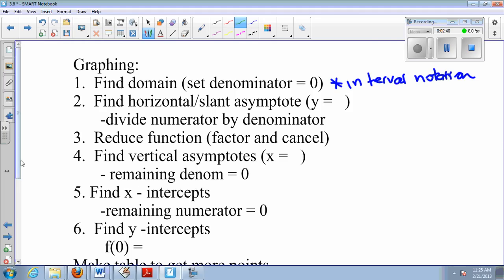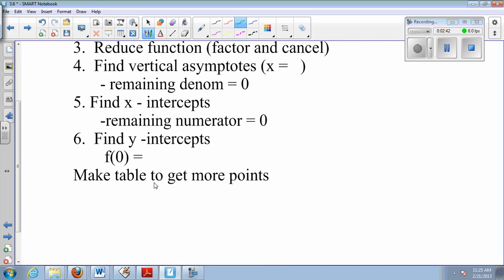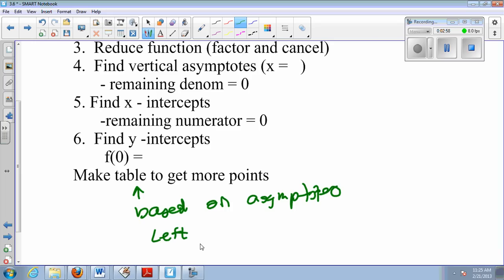To get more points, we're going to make a table based on the asymptotes. We want some on the left of the asymptotes and the right.